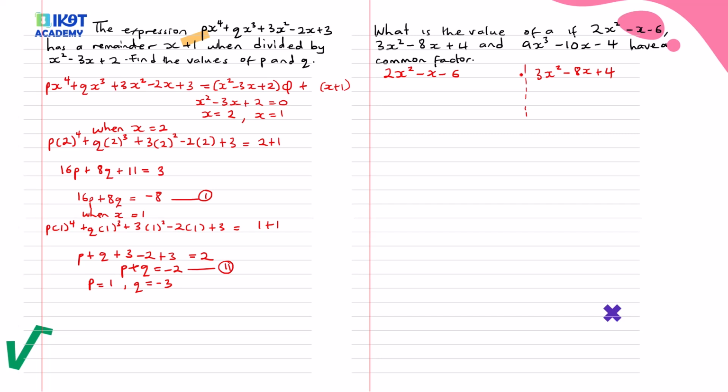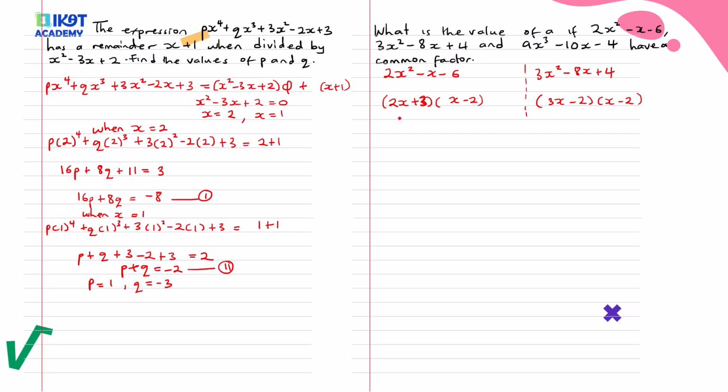Then we can also find their factors. Because of limited space and time, I don't want to make the video very long. I'm going to just put the factors I found after factorizing, but you can use any method. So this is what I have, and then x minus 2 for this. Then for this one, the factors you get are 3x minus 2 and x minus 2.